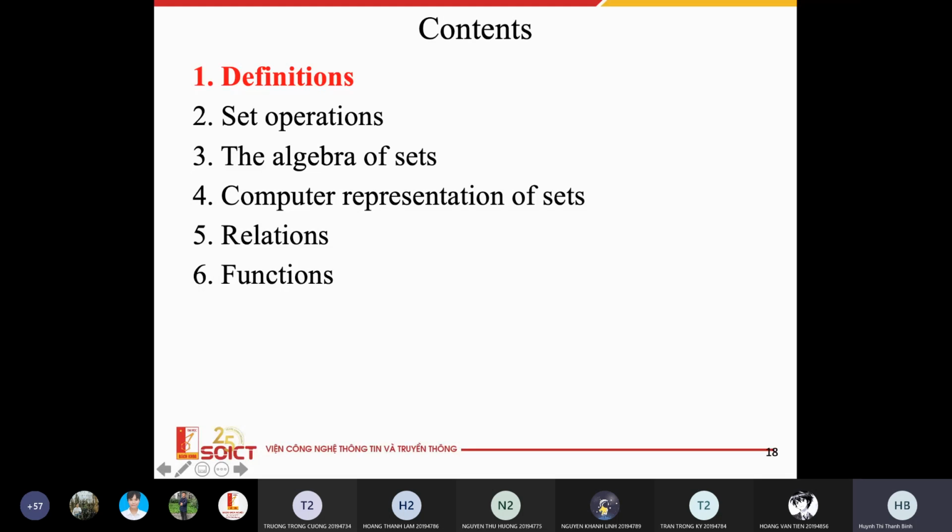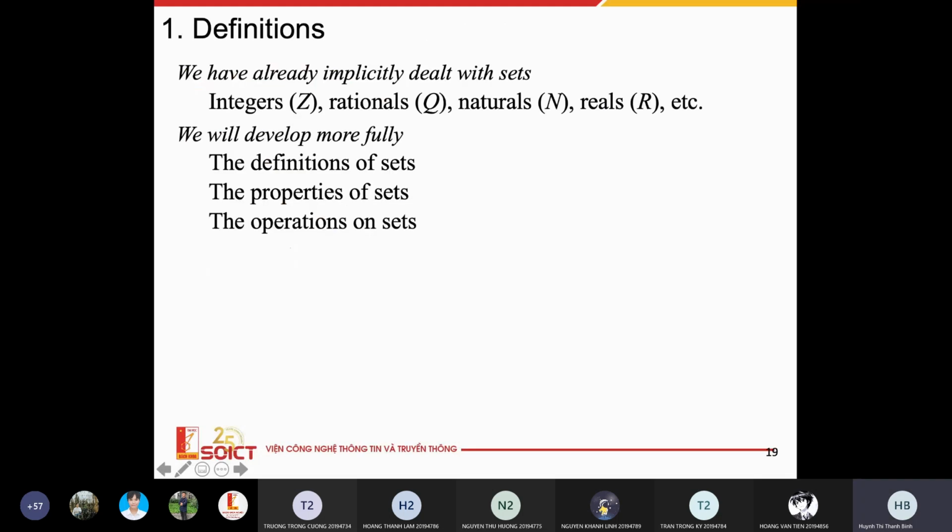The algebra of sets and computer representation of sets, relation and function. We have already implicitly dealt with sets, for example integers, rationals, naturals, reals, and we develop more fully the definition of a set, properties of sets, and operations of sets.